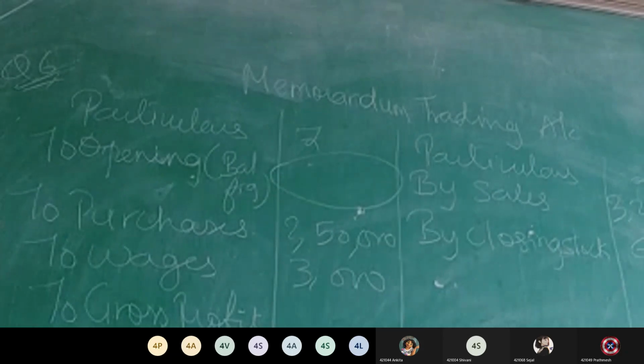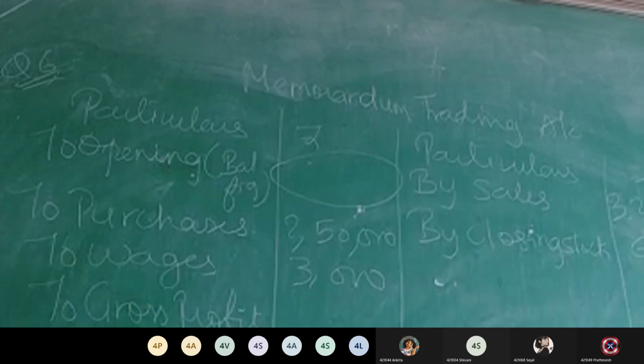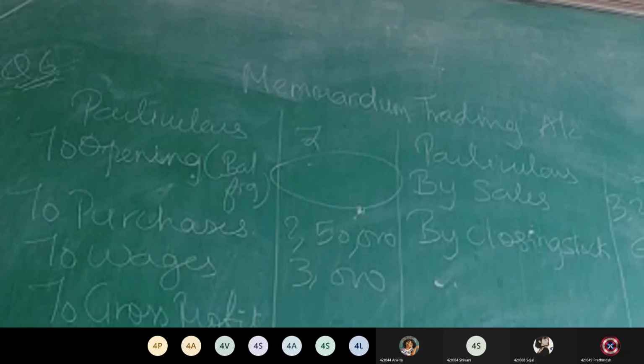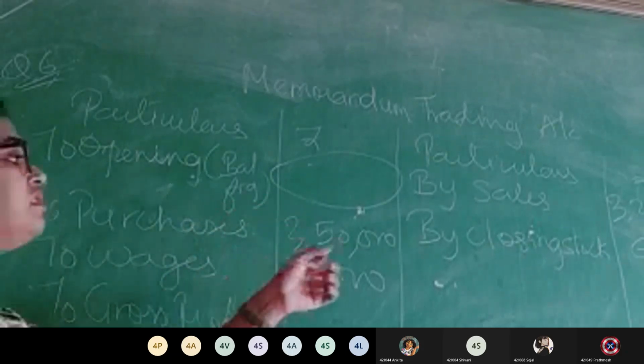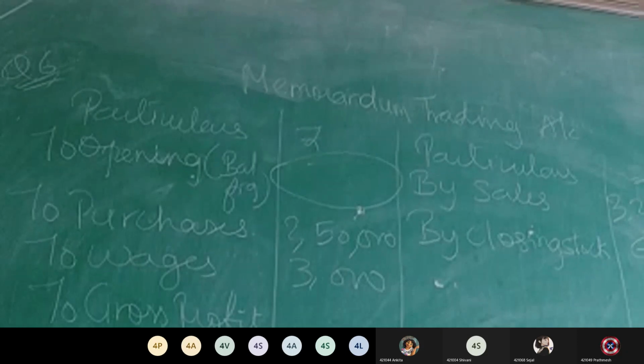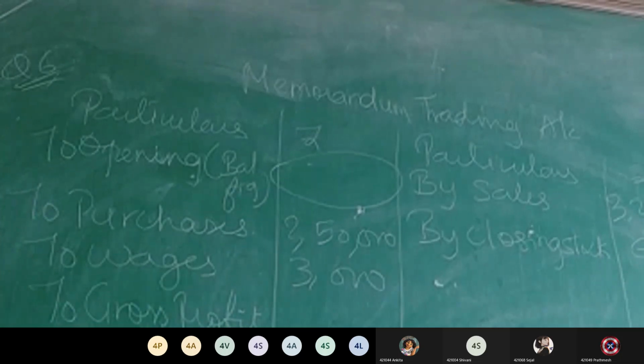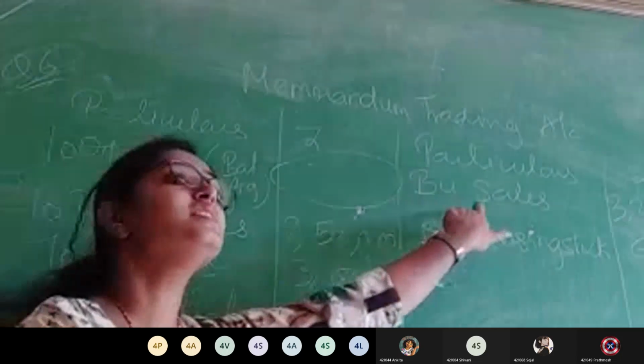Now they are telling me this gross profit is 25% on cost. Now what do you mean by cost? Cost means my expenses. Which expenses? This purchase, this wages, this closing stock, all this is my expense. So 25% is on these. But normally, on what do we earn gross profit? It is based on sales.